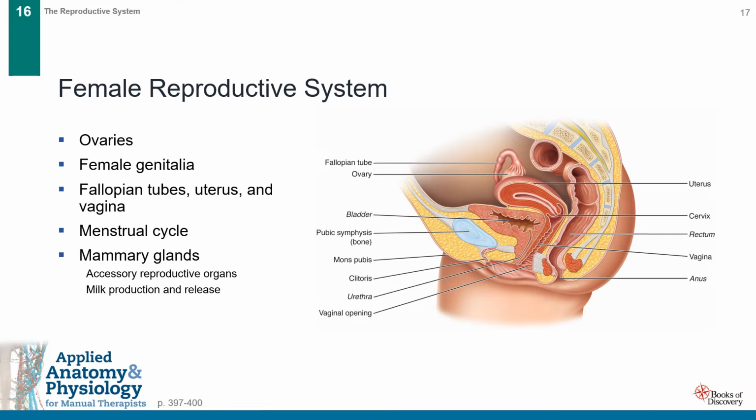While breasts develop at puberty, they produce milk only after childbirth, when prolactin from the anterior pituitary stimulates milk production and oxytocin from the posterior pituitary enables milk release. And in our diagram, we see a sagittal section of the female reproductive system.